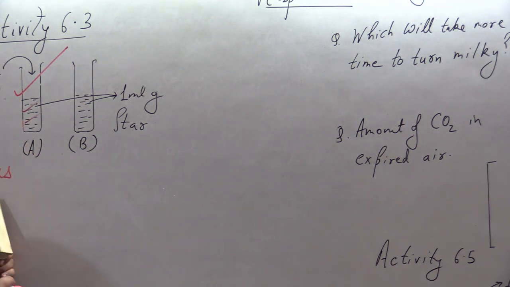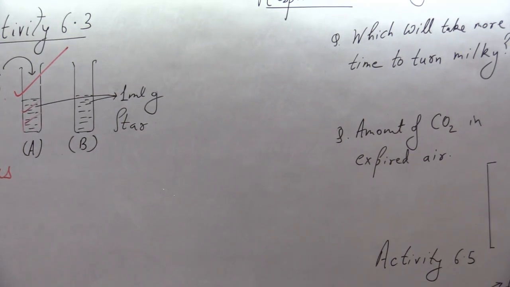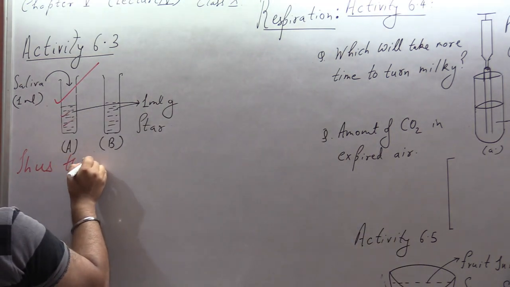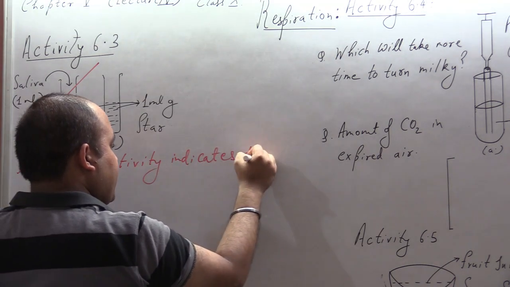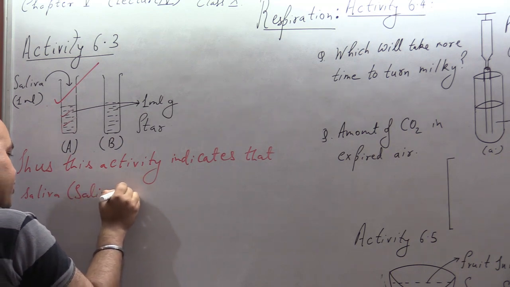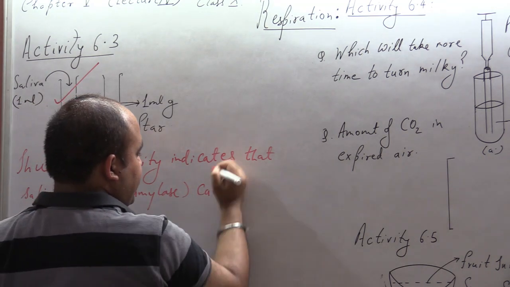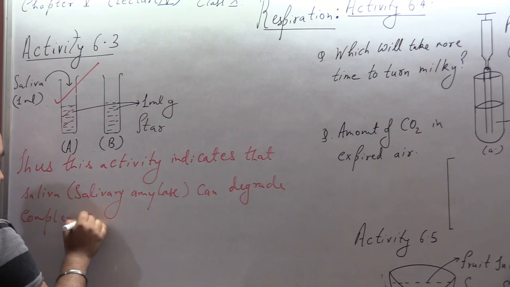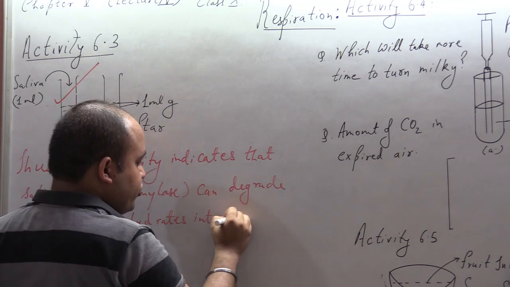Thus, this activity indicates that saliva, or salivary amylase, can break down, can degrade complex carbohydrates into simpler ones.